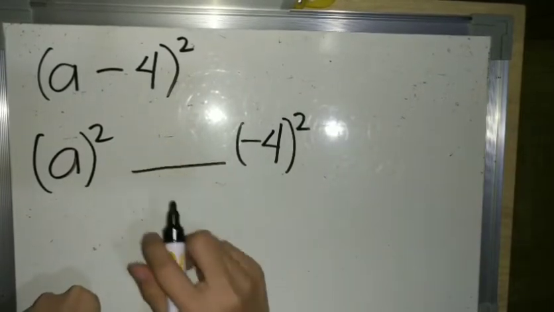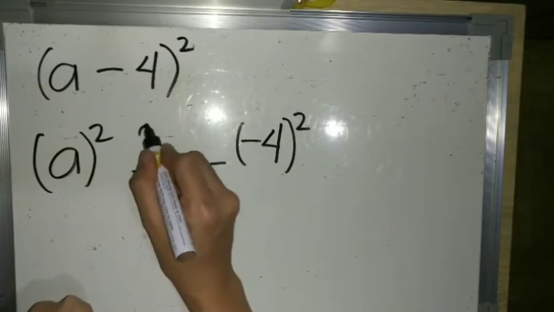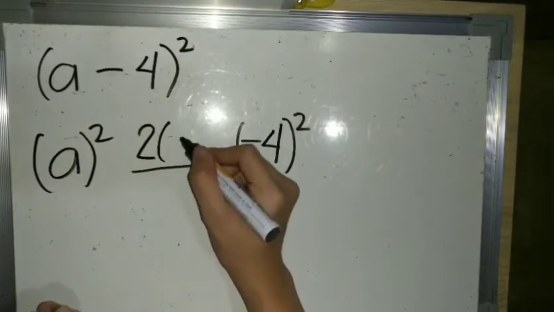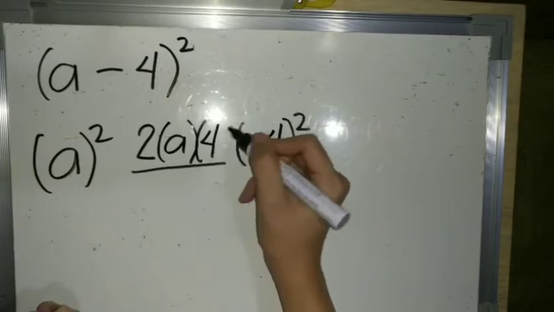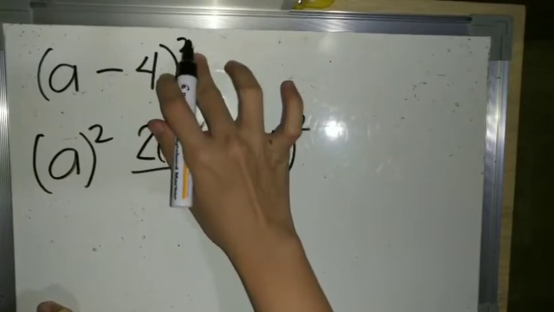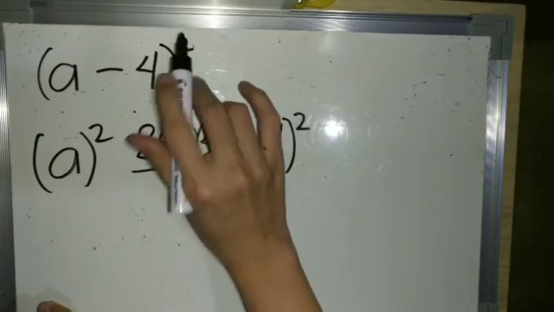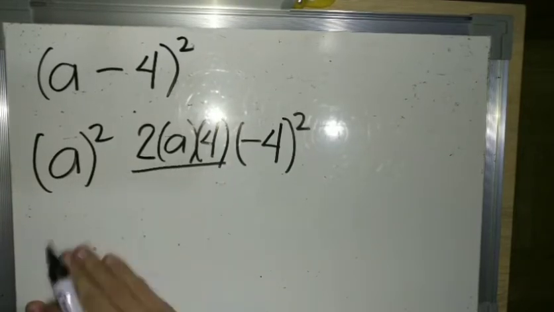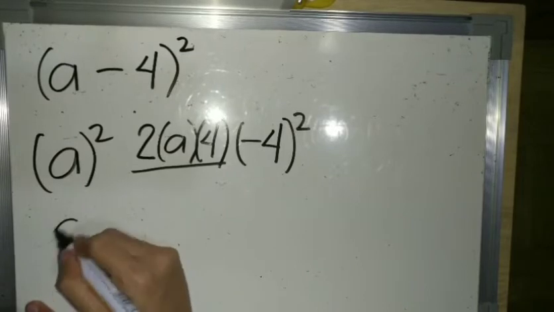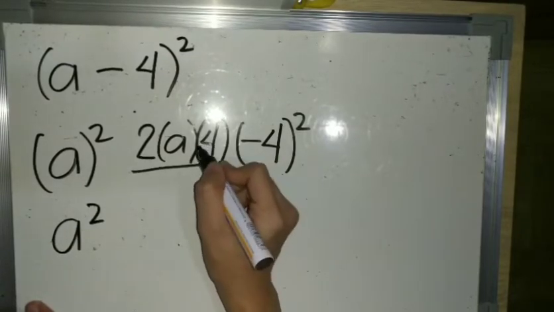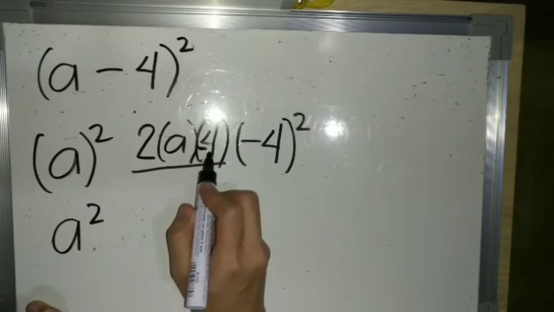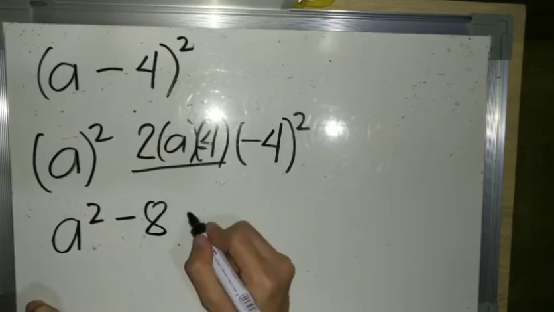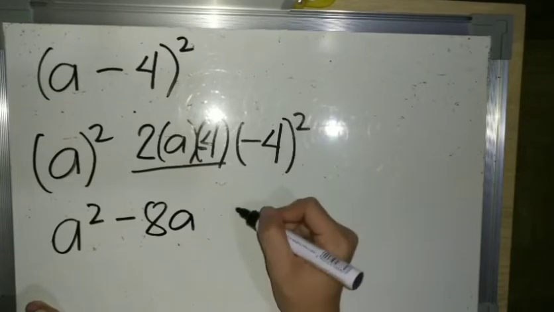And then in the middle, we put a 2. After that, take the A and then the 4 and multiply them by 2. Remember, so that you won't have a hard time, what is in front up there is what you put in front of the middle term. So, A squared is A times A, so that is A squared. And then, I forgot to put the sign, negative 4. So, 2 times 4 is 8. And then, because the negative has no partner, it will be negative 8A. And then for the last one, 4 times 4 is 16.